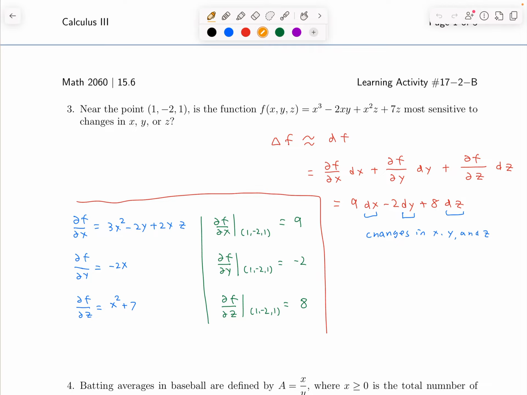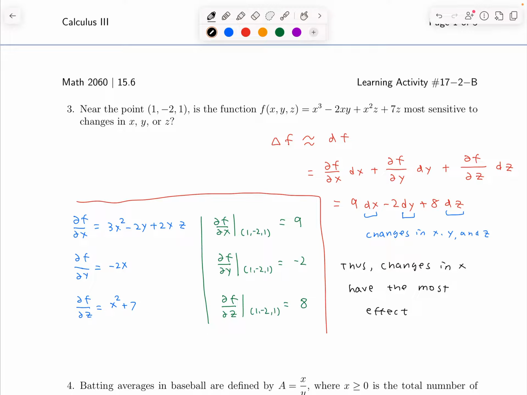Right here you have a larger coefficient, so that means it will affect your delta f the most. So let's write down this conclusion. Thus, changes in x have the most effect because it has a larger coefficient.